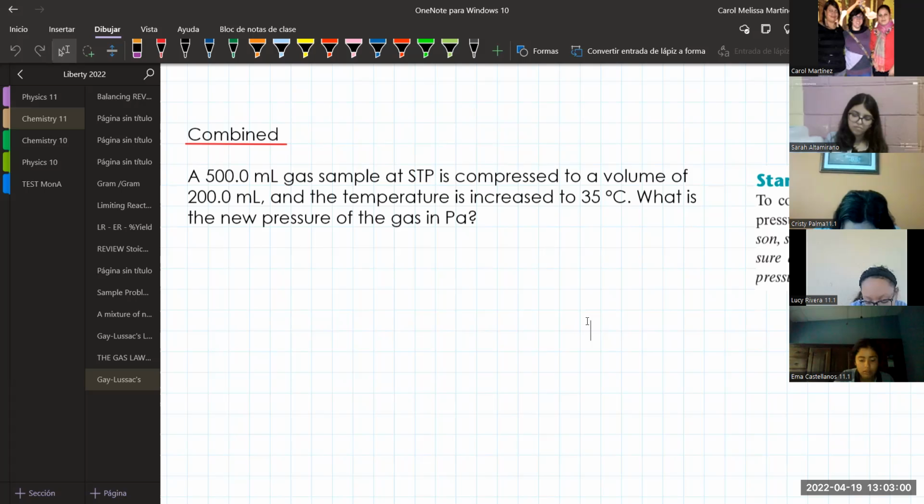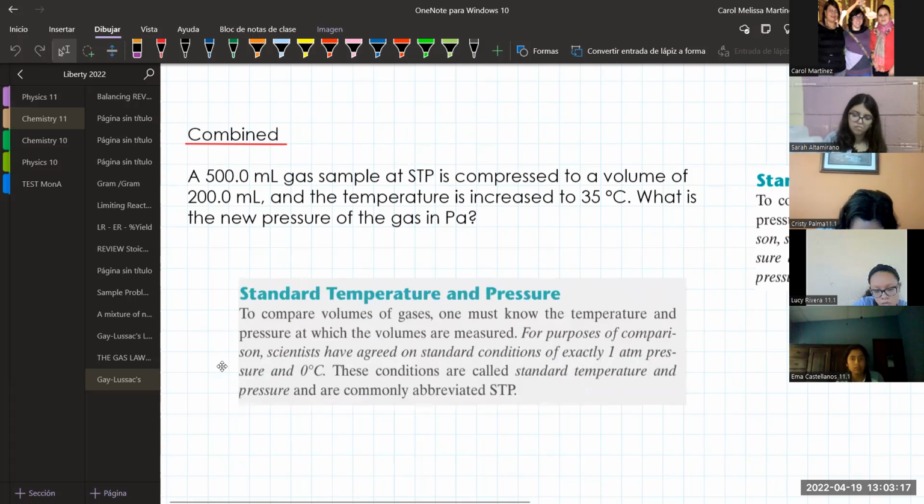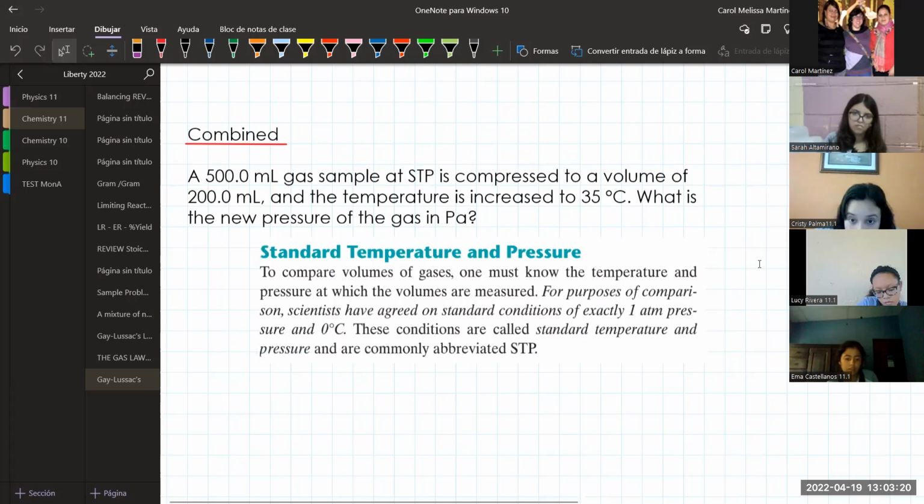Okay, so in this kind of exercises, we need to be aware of exactly what STP means, not just knowing that it's standard temperature and pressure, but also knowing what the standard temperature and the standard pressure are. As I told you the other day, scientists have agreed that the standard conditions are going to be 1 atm of pressure and 0 degrees Celsius of temperature.